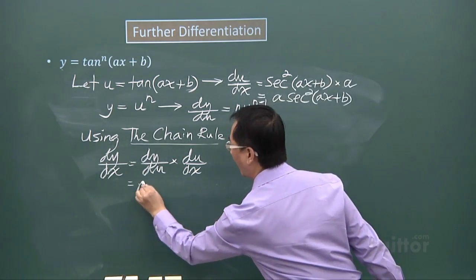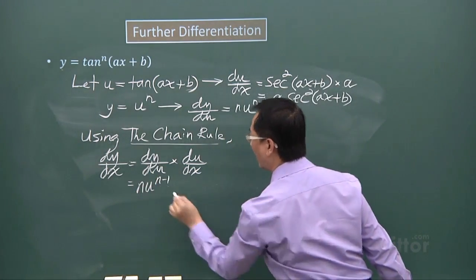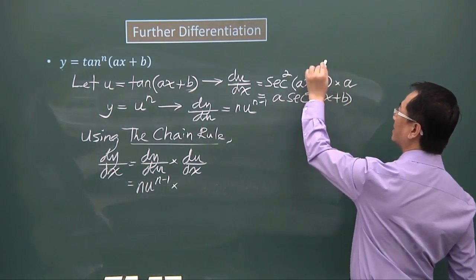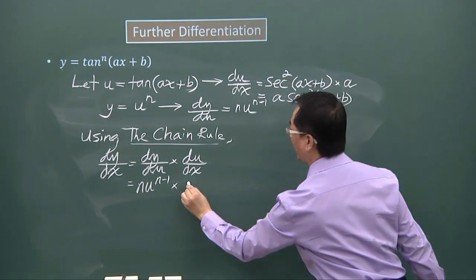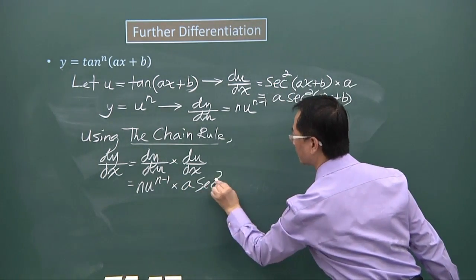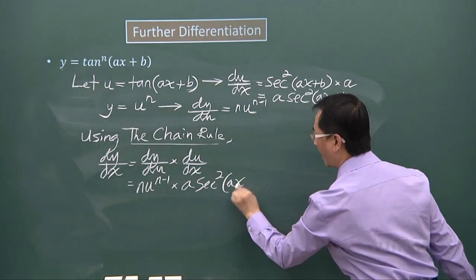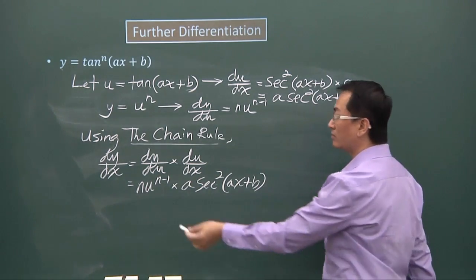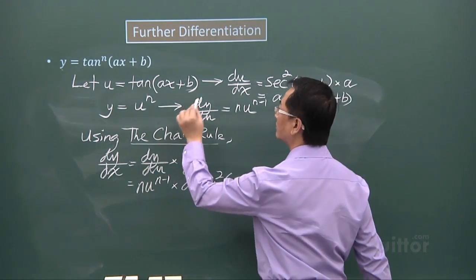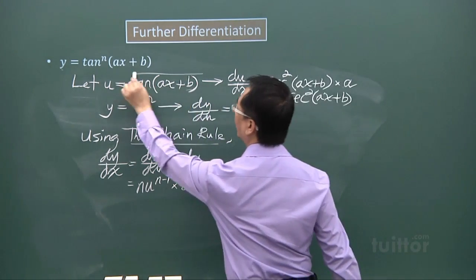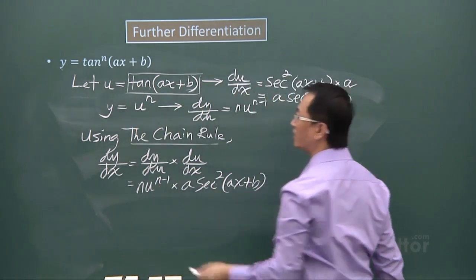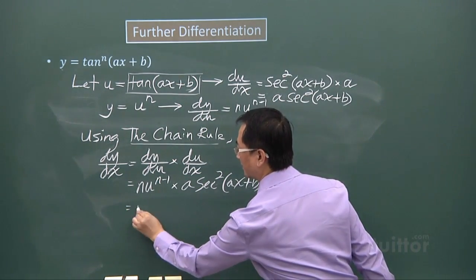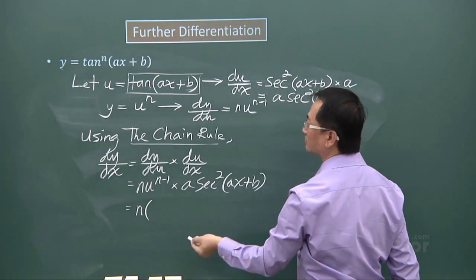So you have n u to the power of n minus 1, and then your du over dx is here: a secant squared ax plus b. So the u, you recall, we had tangent ax plus b. Replace it.